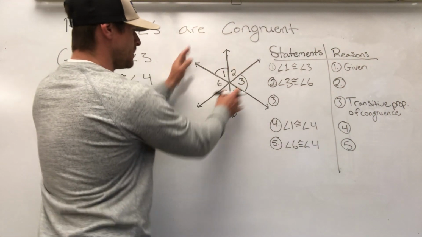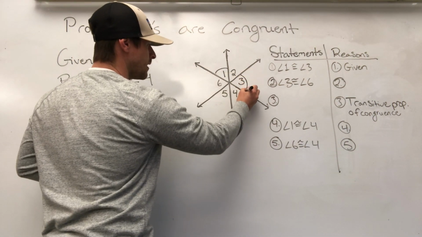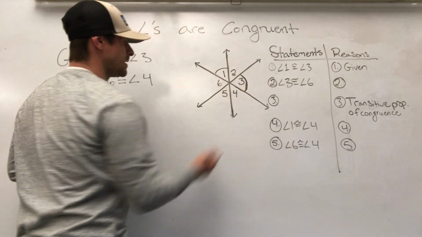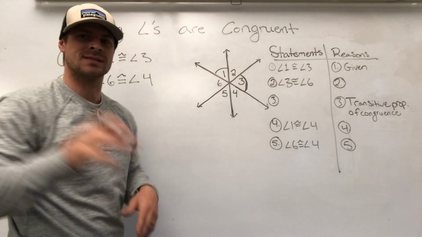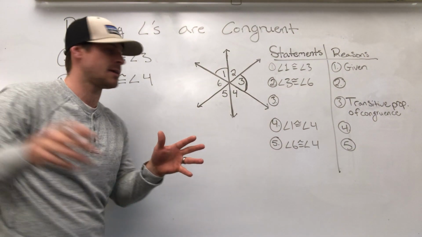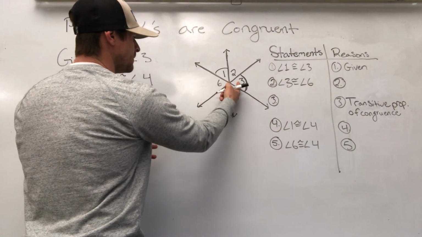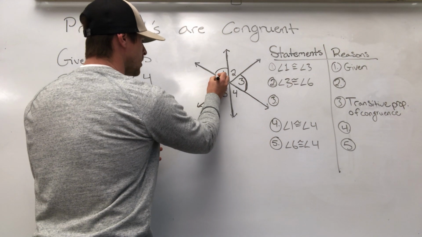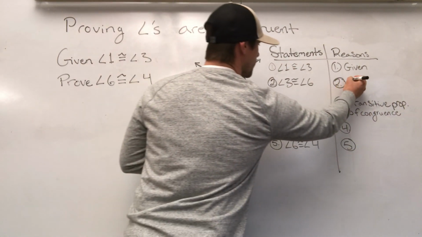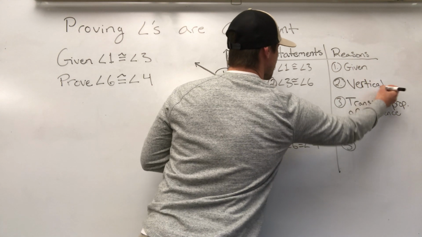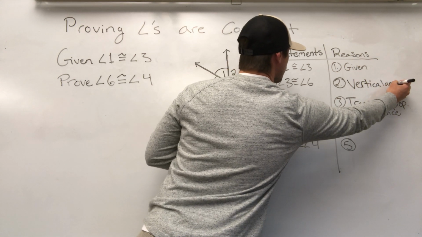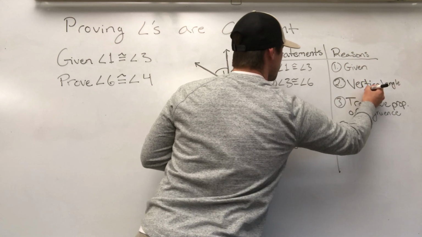When I look at this image, the fact that I marked right there is helpful to me because when I see this angle and this angle, we have a specific name for those angles in math. Angles that are opposite of each other like this are called vertical angles. And what I can say about vertical angles is that they are congruent.